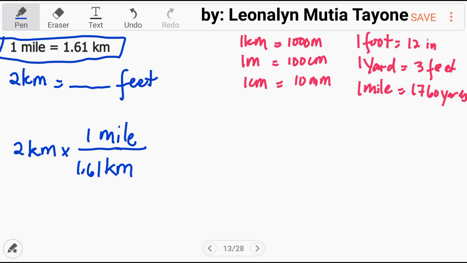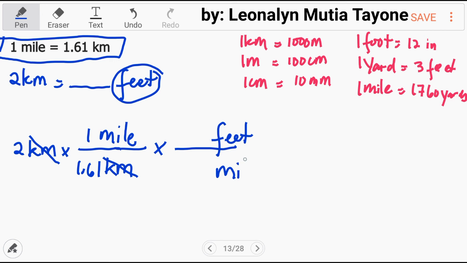I-multiply natin yan kasi pwede na yan, ma-cancel na yan si kilometers. Ngayon doon tayo sa feet. So dapat dito ay feet at ito naman ay mile para ma-cancel out natin si mile. Kung nahihirapan kayo na 1 mile is equals to ito, i-multiply mo yan and that is 5,280 feet. Imbis na gagawin mo yan, ito ang gagawin natin.